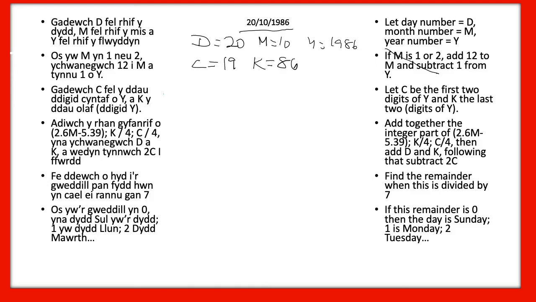And this is where my floor function comes in. So we're not going to dwell too much on why it's 2.6 and 5.39. So I need to do 2.6 times 10 minus 5.39, and I can do 2.6 times 10, that's 26, minus 5.39, no real problem, 20.61.